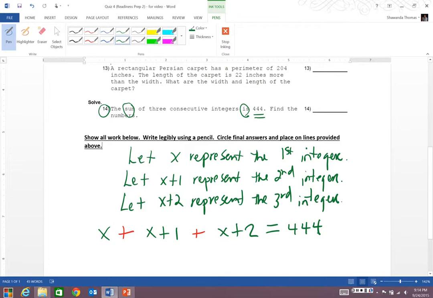Let's add like terms. We have an x plus x plus x, which equals 3x, plus 1 plus 2 equals 3, equals 444.